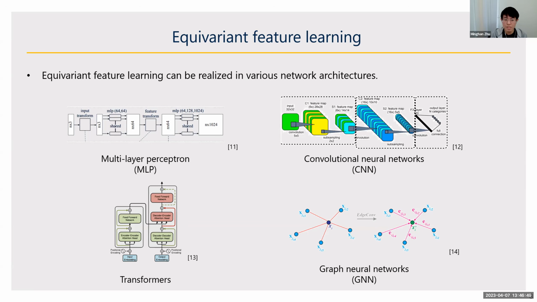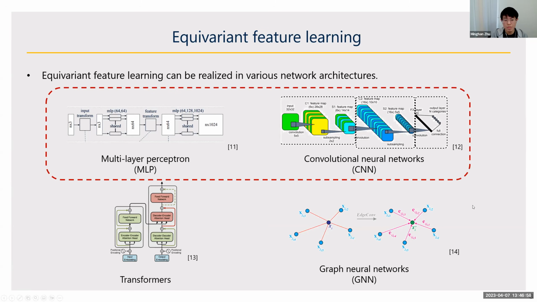We can make all of them equivariant with certain techniques. And today, we will mostly focus on the top two, the MLP and CNN cases, since they're relatively simple.